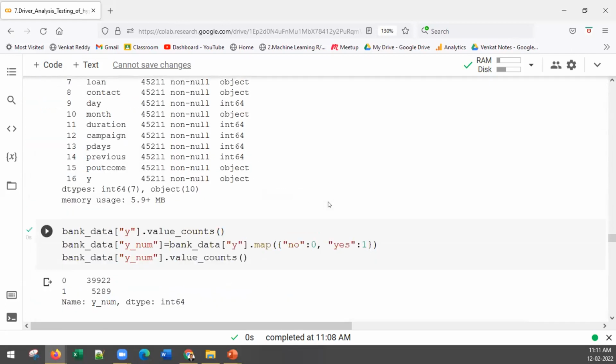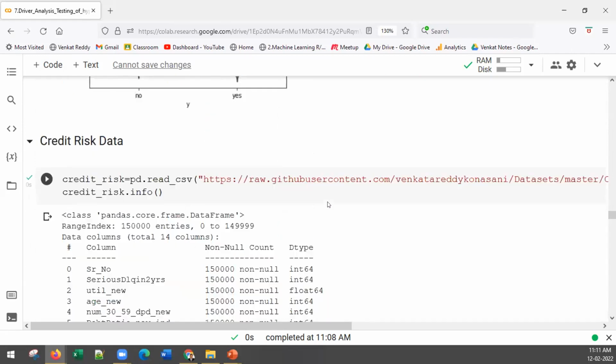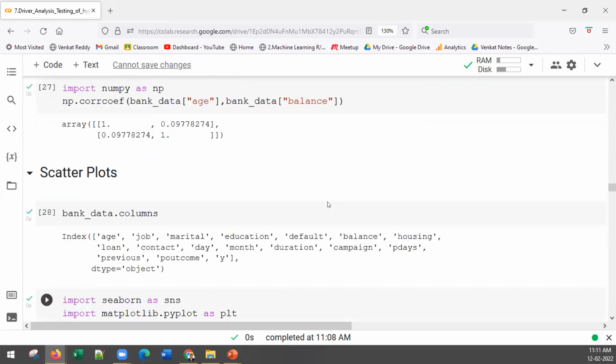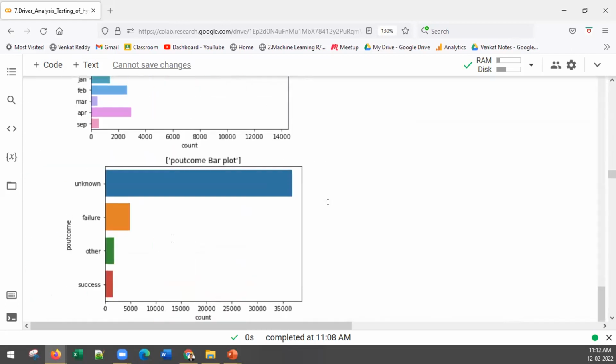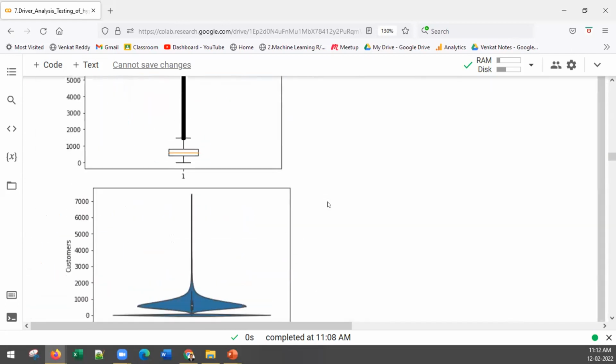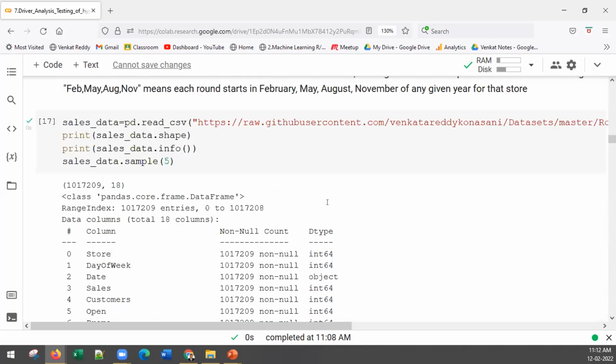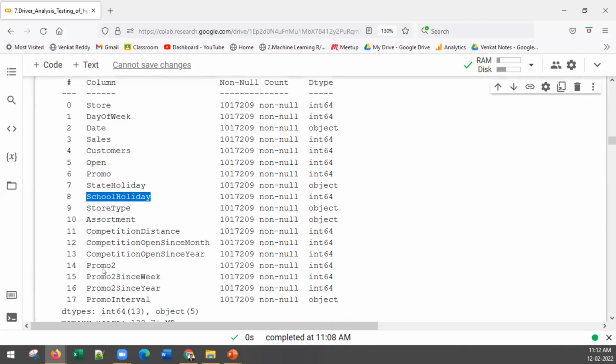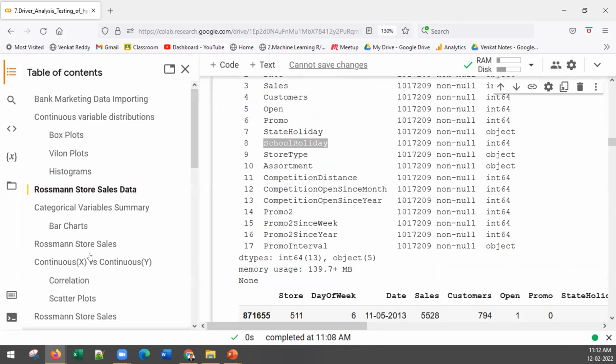If you have written it, just quickly paste it in the chat window. I'll also paste it. I'm searching for the variable name. Here is the data. School holiday, this is the variable name, 0 versus 1.